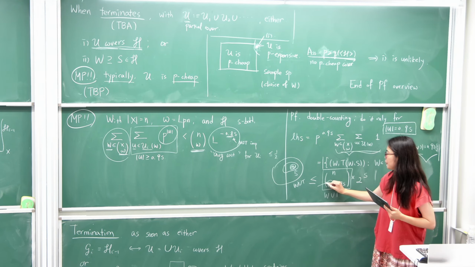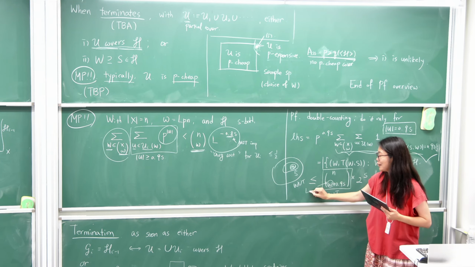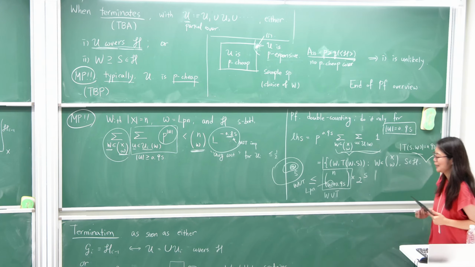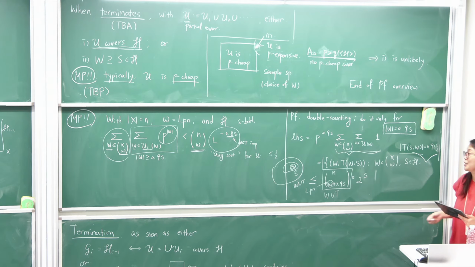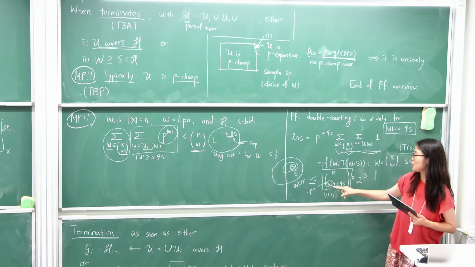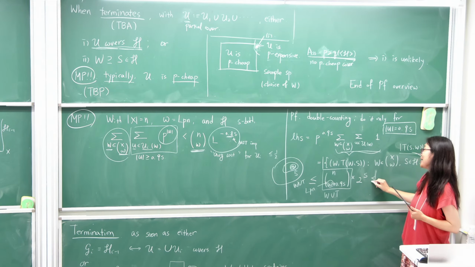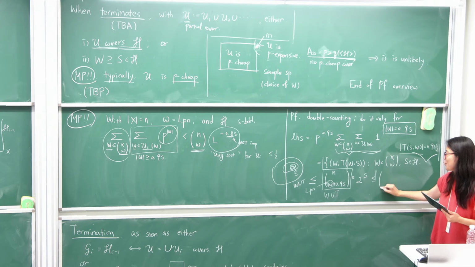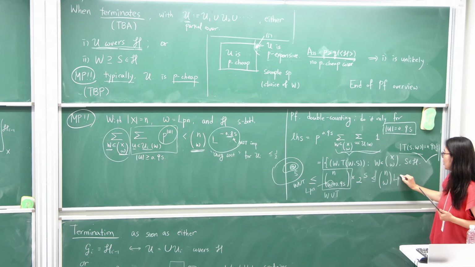Now this is computation. This is n choose W plus 0.9s, and you can very easily check that this is at most n choose W times p to the minus 0.9s.